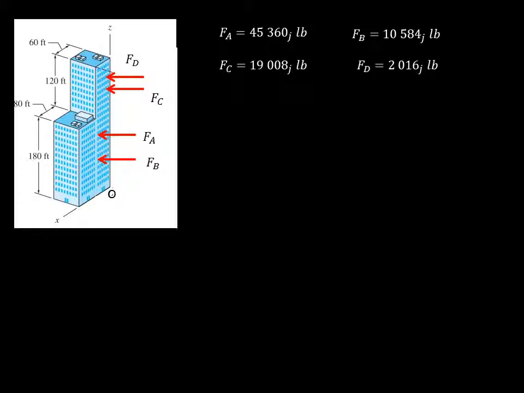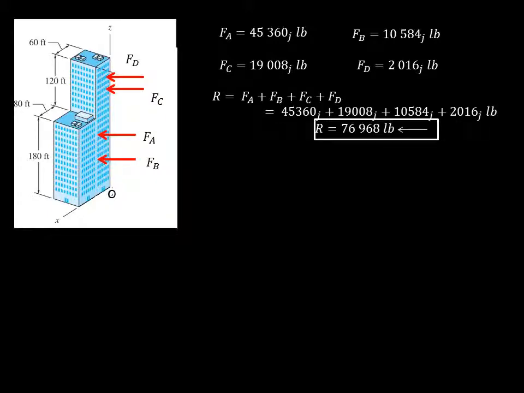Now that we know all of the forces that act on the system, we can solve for the resultant force, which will be equal to the summation of all the forces. After that, let us get the moment of each force with respect to any point. In this video we will be using the origin as the moment center.